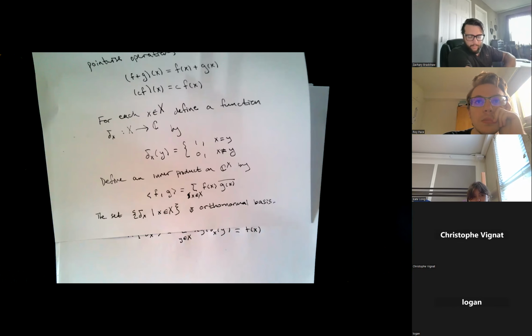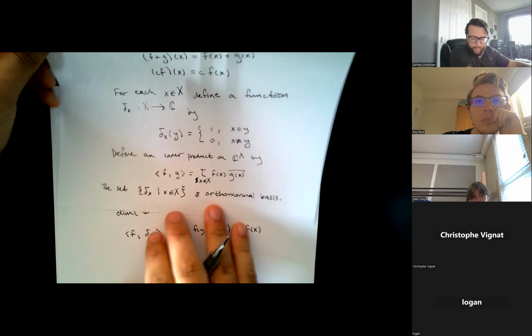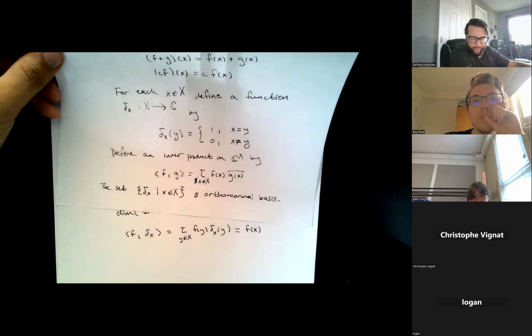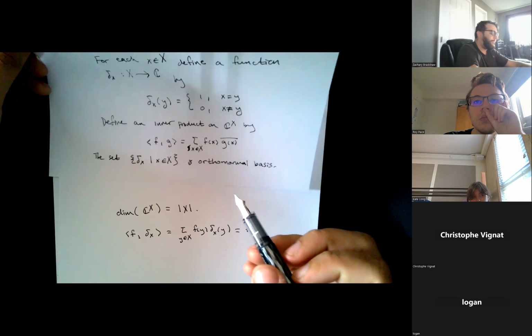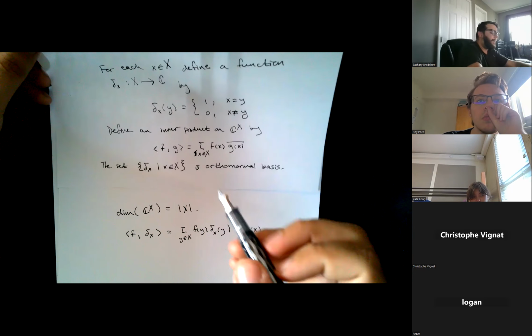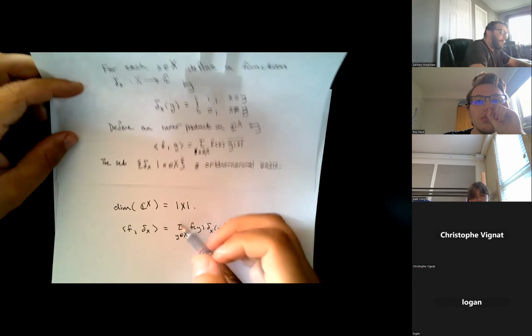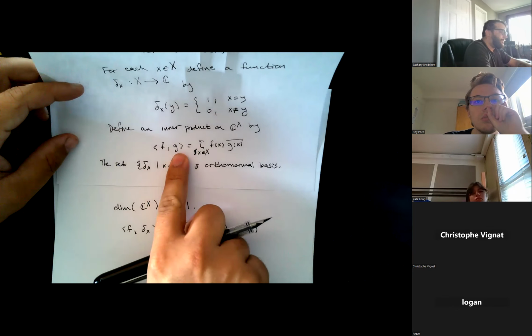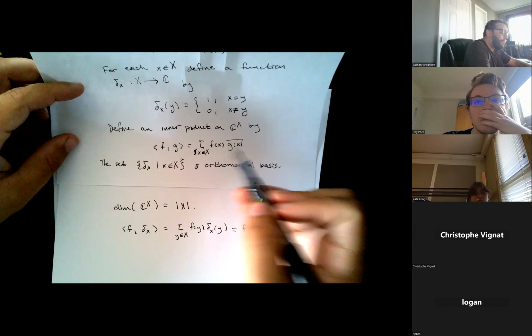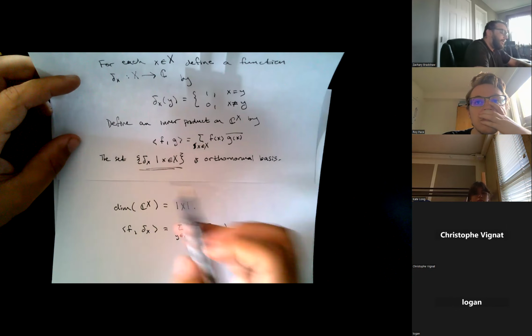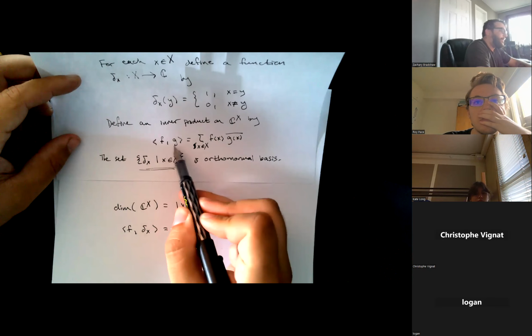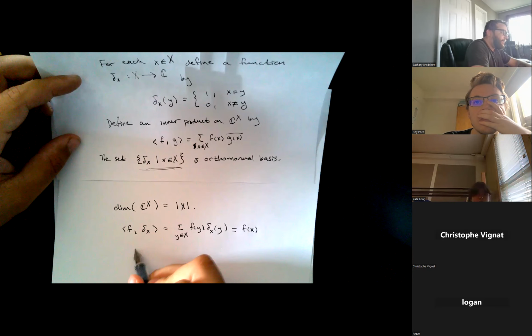Oh, sorry. This is not what I had planned. I went too far in my notes. Okay, sorry. So to show that this thing is an orthonormal basis, we need to plug in a delta_x and a delta_y in here. So what do we get?